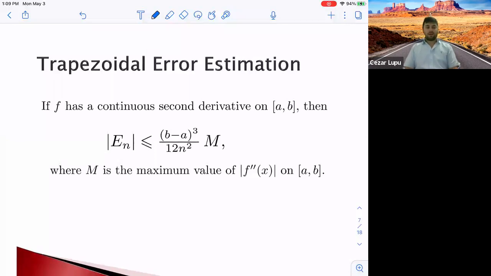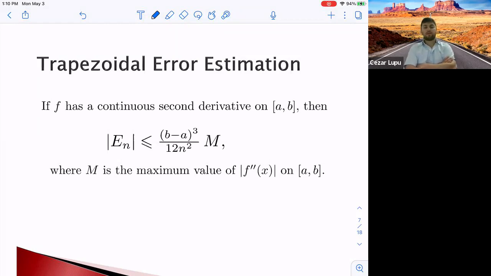If f has a continuous second derivative, in other words, we call these functions of class C2, the class of functions which are twice differentiable and the second derivative is continuous. As you know, if we have a continuous function on a closed interval, then that function has a minimum and a maximum, so those can be attained.